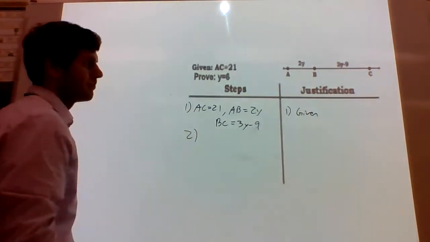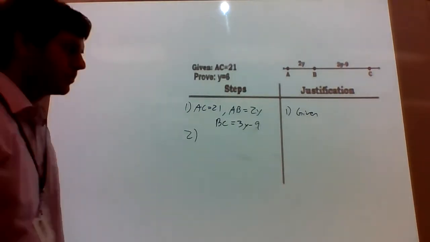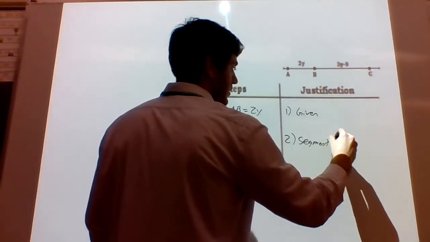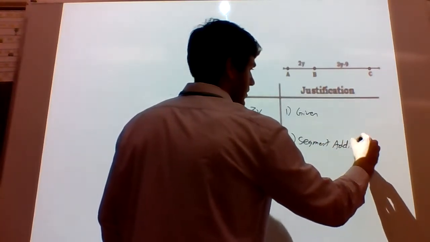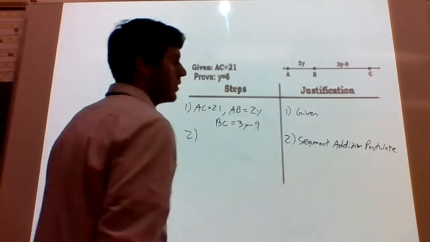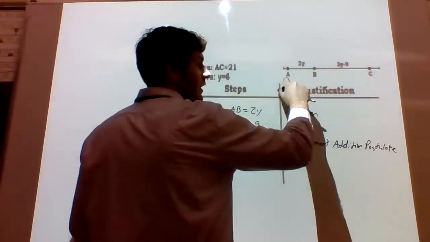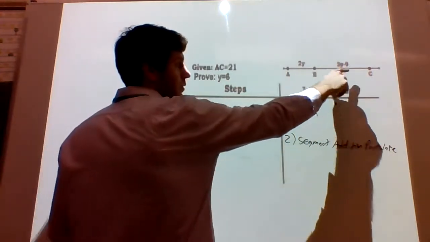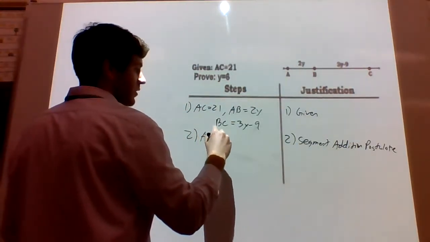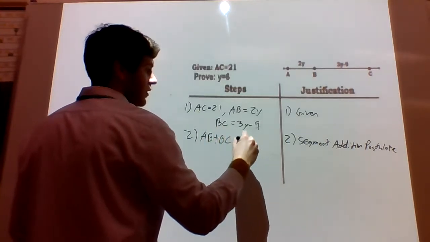We know the segment addition postulate tells us that if B is between A and C, then AB plus BC is going to equal AC. So AB plus BC equals AC.